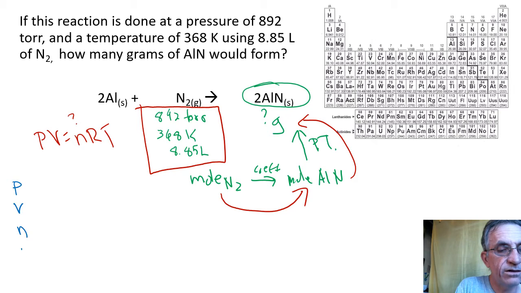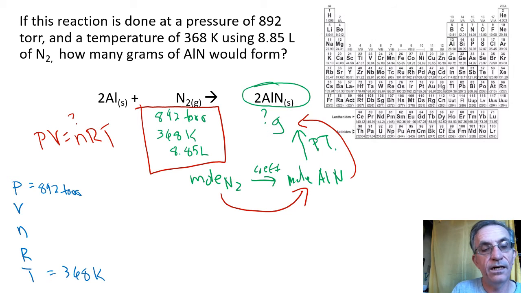They've told me the reaction is done at a pressure of 892 torr and a temperature of 368 Kelvin using 8.85 liters of nitrogen.